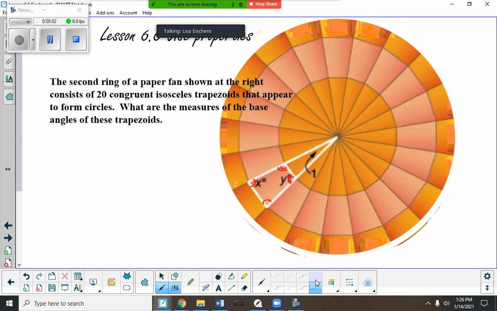We're going to look at this a couple different ways. We're looking at the trapezoid for sure. But in order to figure out what these angles are, we're also going to look at the whole triangle. Okay? Now, angle 1, we have to start by figuring out what's the measure of angle 1. Does anybody know how you could figure out the measure of angle 1?